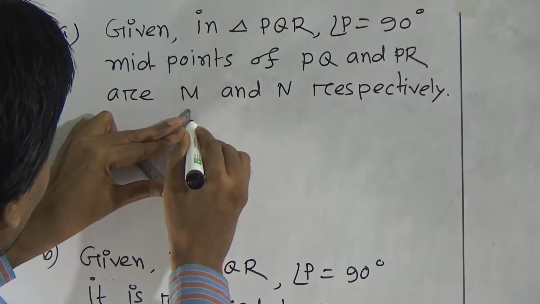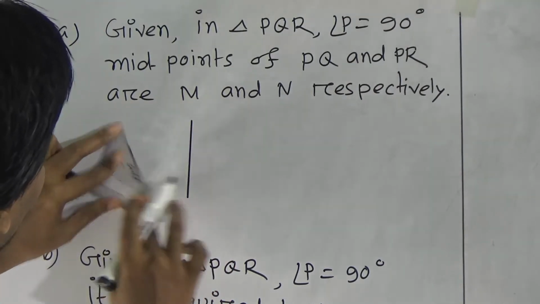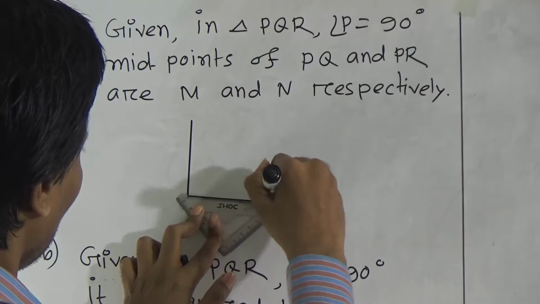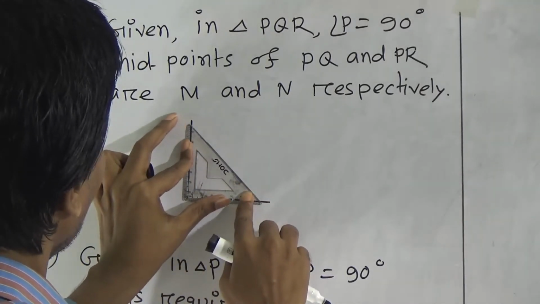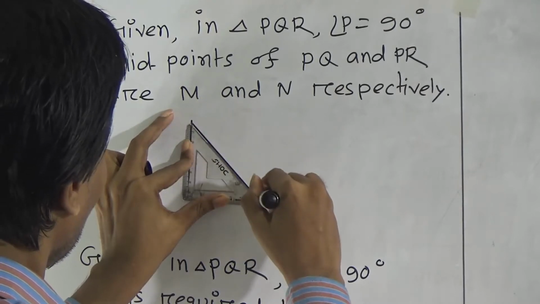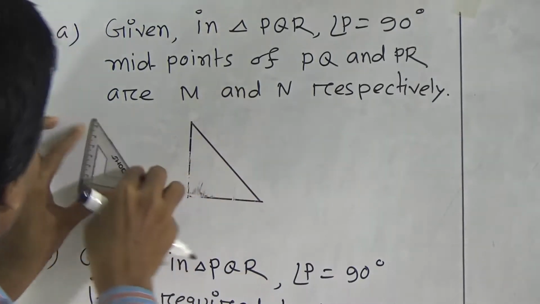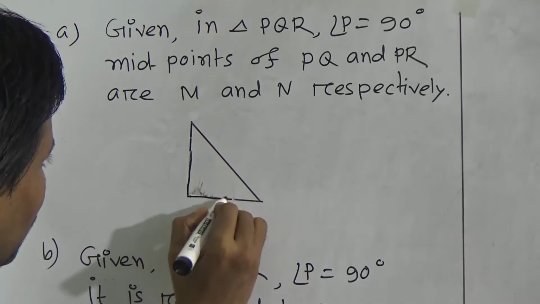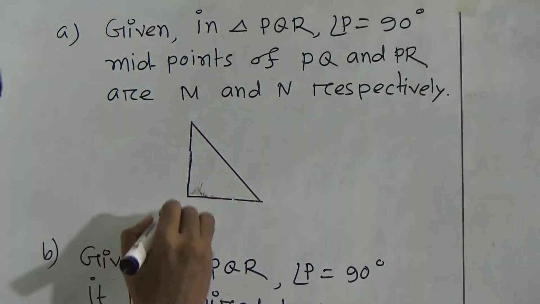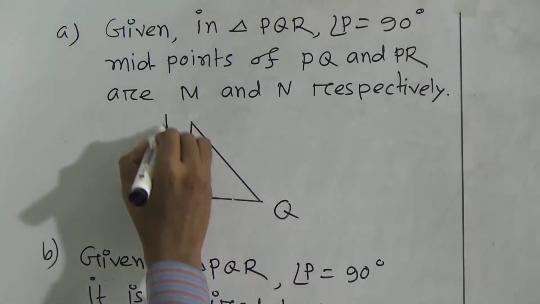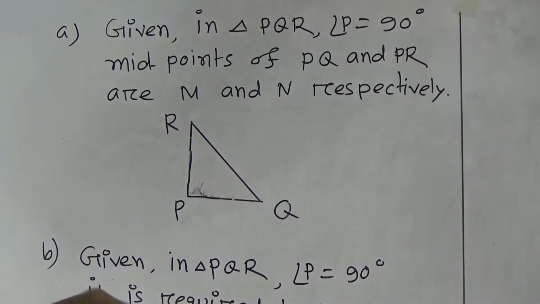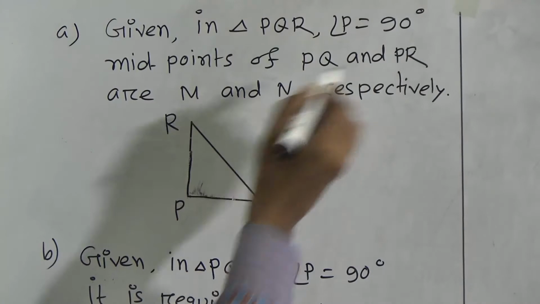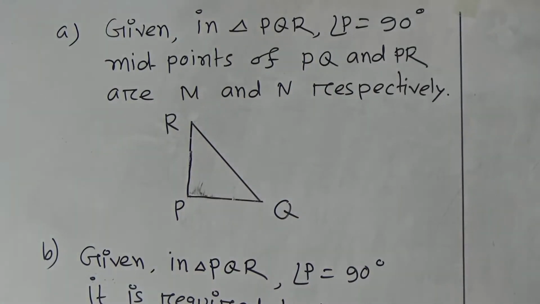That means this is the triangle, okay? P, Q and R. This is the R. And you see M and N are the midpoints of PQ and PR respectively.